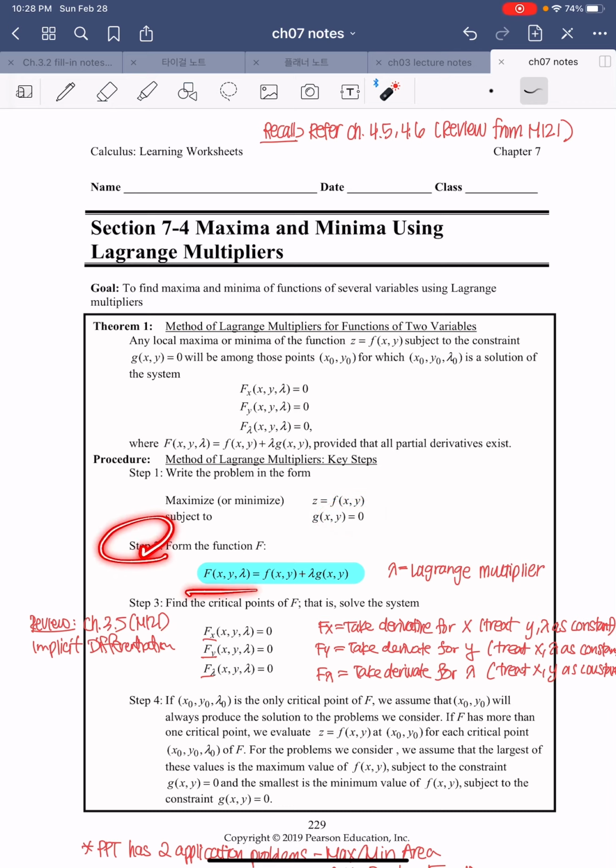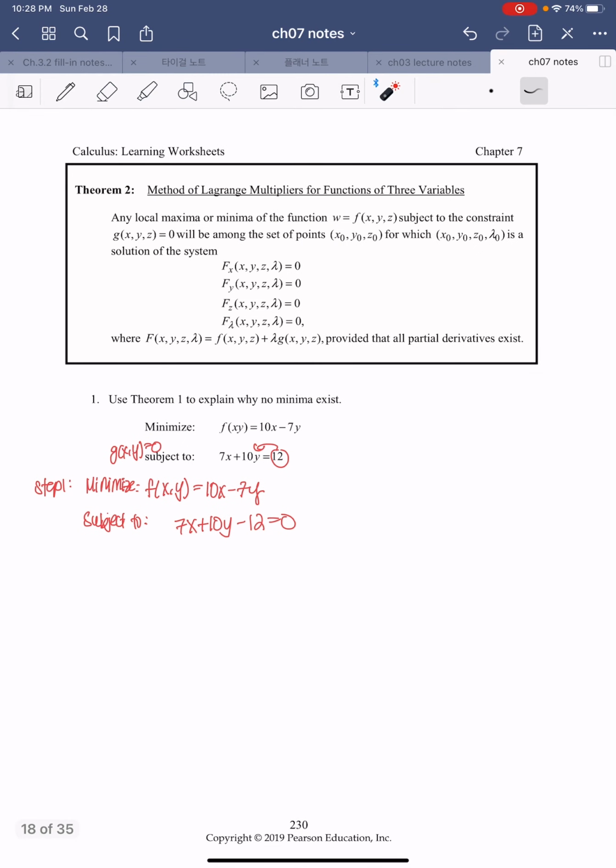Step 2, let's come up with the Lagrange multiplier equation, which is f of x comma y comma lambda is f of xy plus lambda times g of xy.